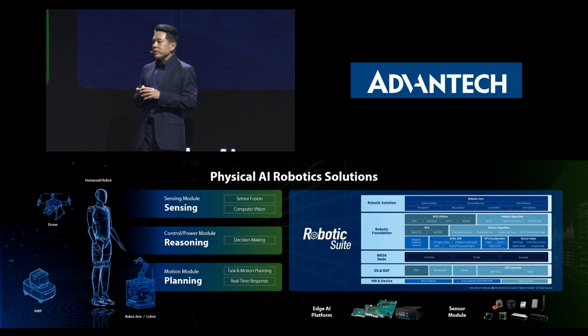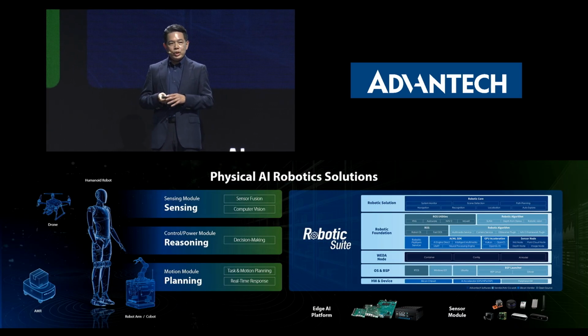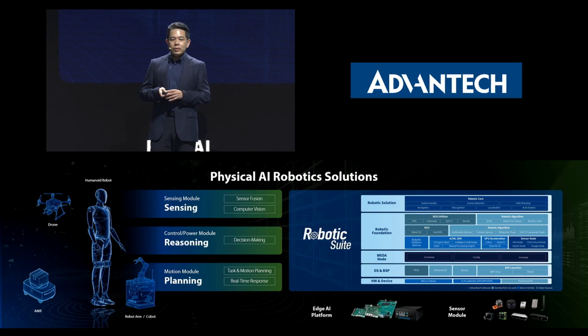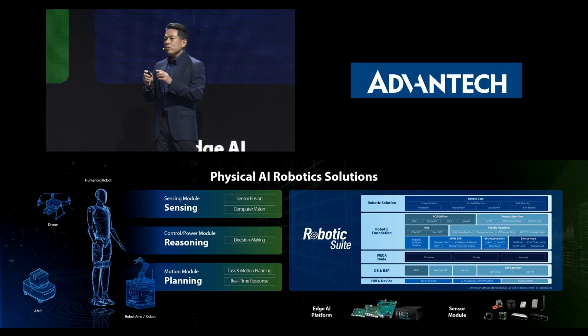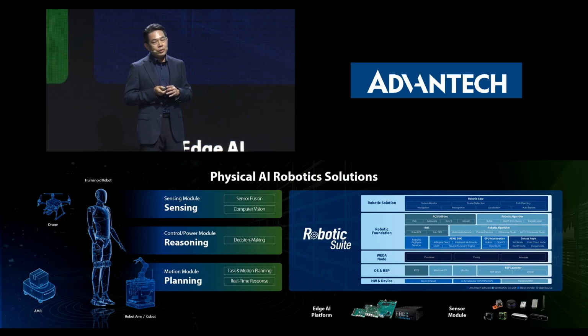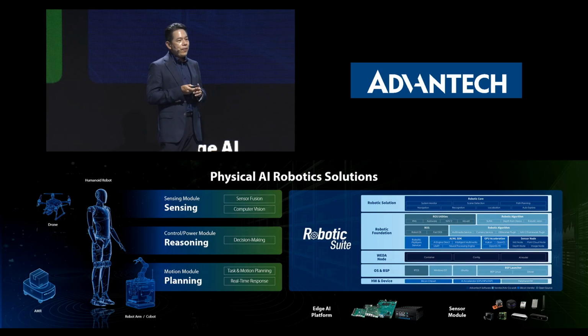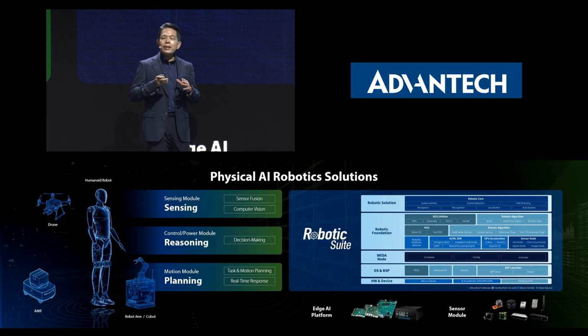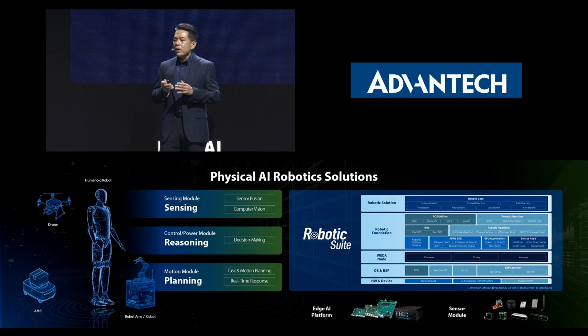I want to give you a real example of robotics to explore how Edge AI becomes physical AI. You can see there are quite a few robot applications. Actually, it started about 30 years ago when the robot arm was implemented in the automation factory. By that time, the main purpose of implementing the robot arm in the factory was to reduce manual labor and enhance production efficiency.